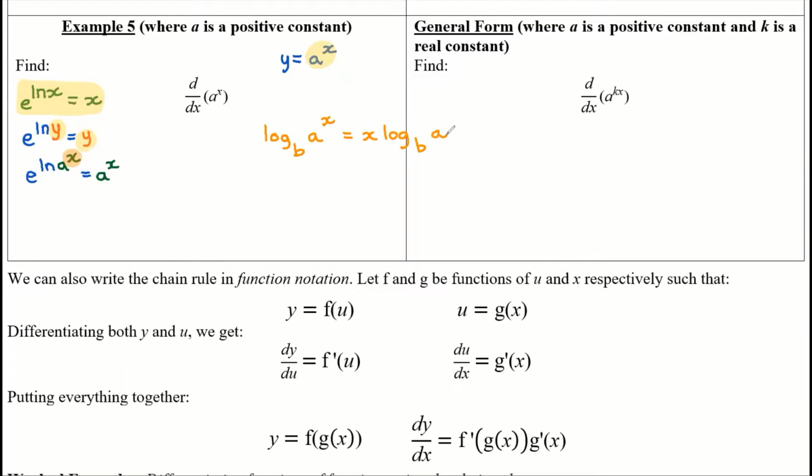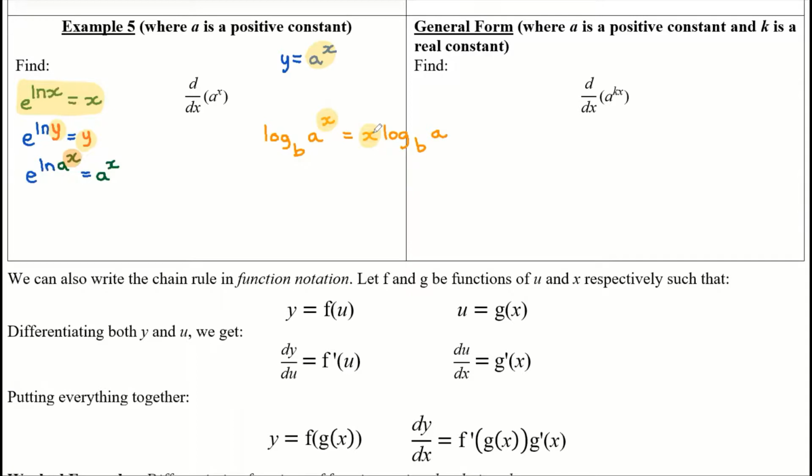So what has happened is that the power has been moved from the power itself, and it has become a product, which enables us to solve exponential equations. That's the same thing as what's going on over here.